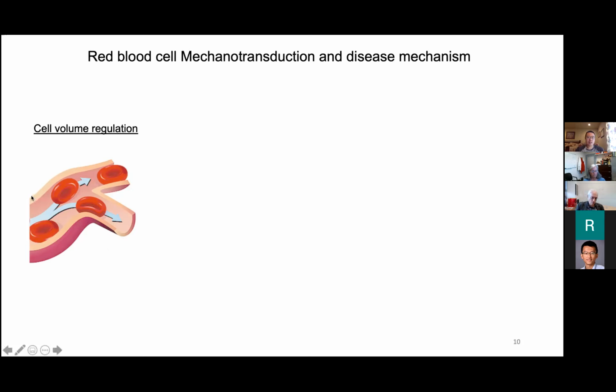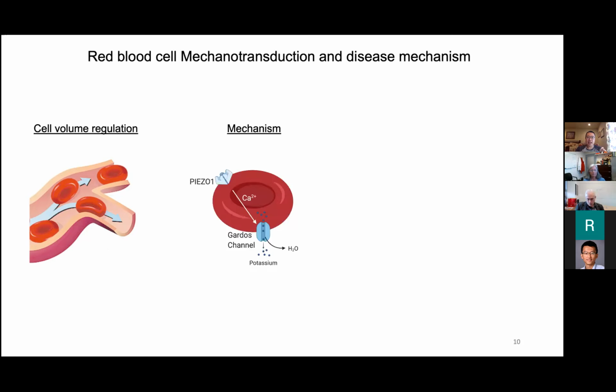In the experiments, we showed that piezo-1 is a mechanosensor for this process. At the molecular level, the piezo-1 ion channel can be activated by the mechanical force in the circulation. This leads to an increase of intracellular calcium, and that results in the loss of water and potassium ions from the red blood cells. In this way, the red blood cells become smaller. So that's how the red blood cells adjust their volumes in response to mechanical force in the circulation.